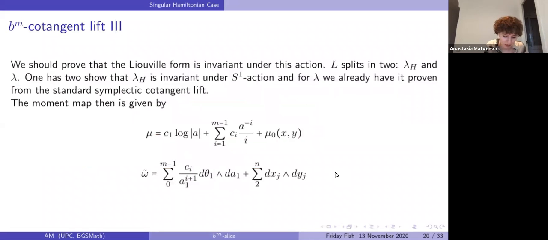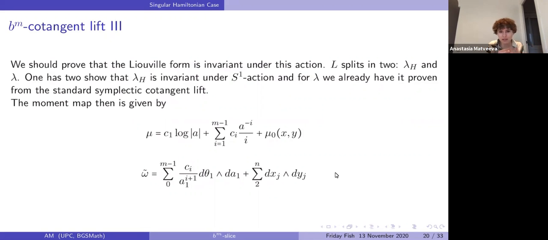Okay. So to prove the statement of the cotangent lift, we need to prove that the Liouville form is invariant under the action that we are considering. So L here will split into two parts, lambda H and lambda, coming from the two actions.